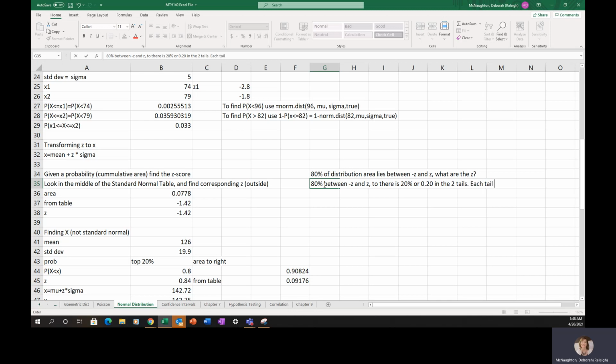Each tail has 0.10. So what this means is the probability that z is less than negative z is 0.10.